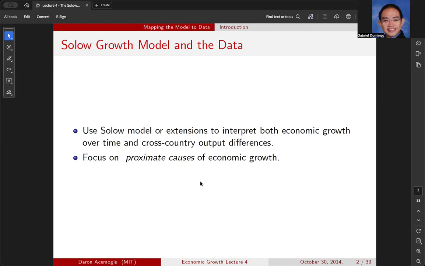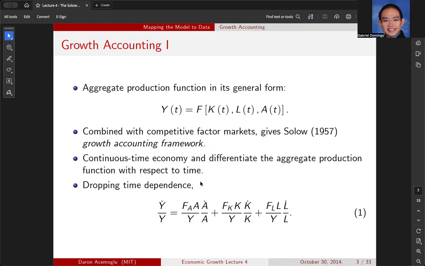Okay, let's continue. So first, let's review growth accounting. Growth accounting is simply accounting where the changes in GDP or Y come from. And like we've mentioned, perhaps you've heard this in 101, there's only really three main sources, right?